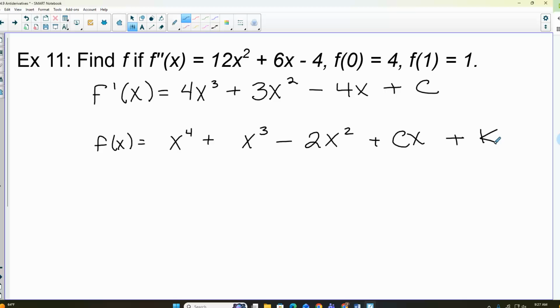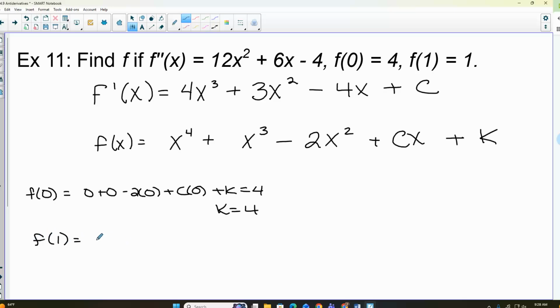Let's see if we can figure out any of these. I know f of 0 is equal to 4. So if I put in a 0, I get 0 plus 0 minus 2 times 0 plus c times 0 plus k is equal to 4. So what's k? So now we can use the next point, f of 1.